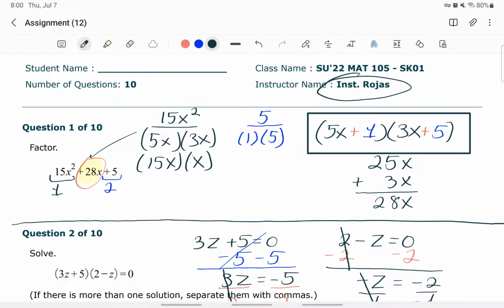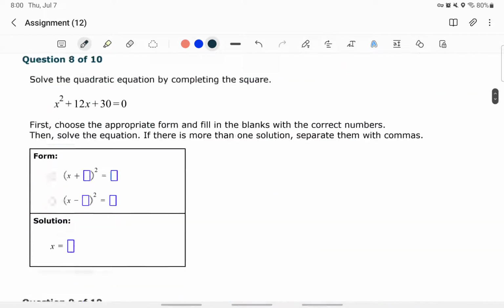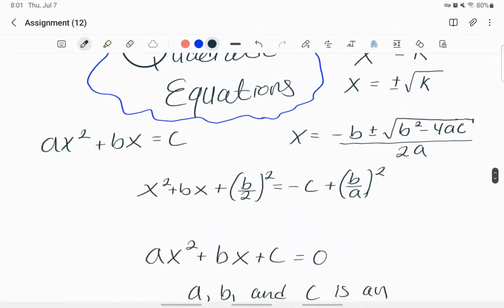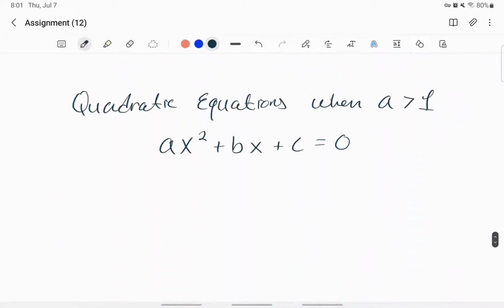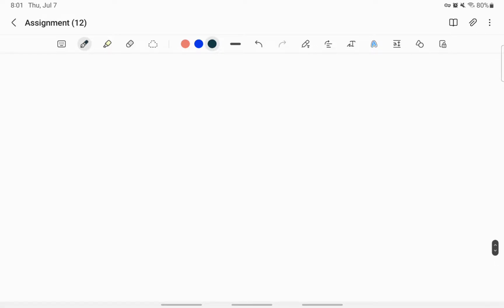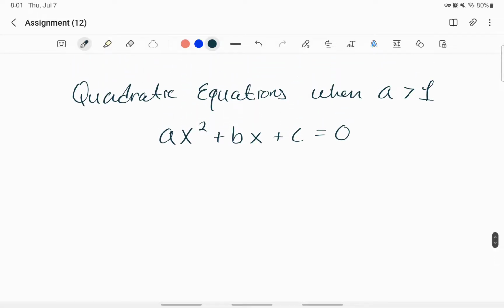So in this video, we are going to factor another quadratic trinomial when a is greater than 1, but we're going to set it equal to 0 to find the roots. So back down to the bottom. All right.